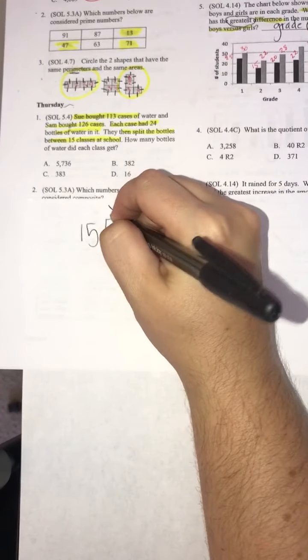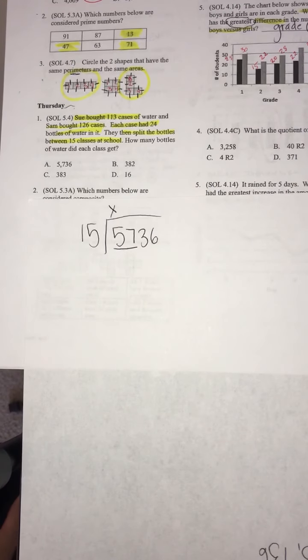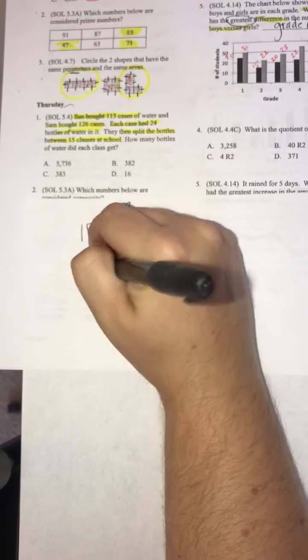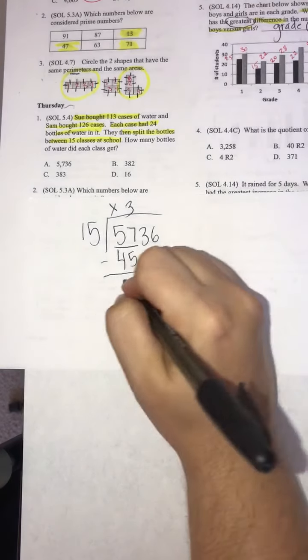15 can't go into 5, but 15 can go into 57. 15 times 4 is 60. So let's do 15 times 3, which is 45. So 57 minus 45 is 12.